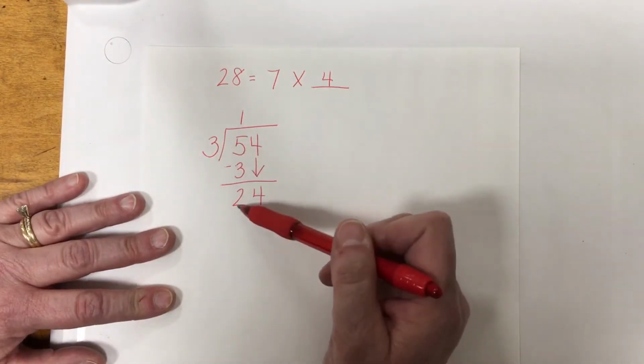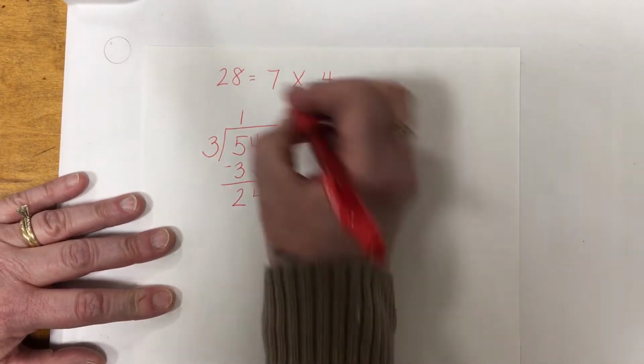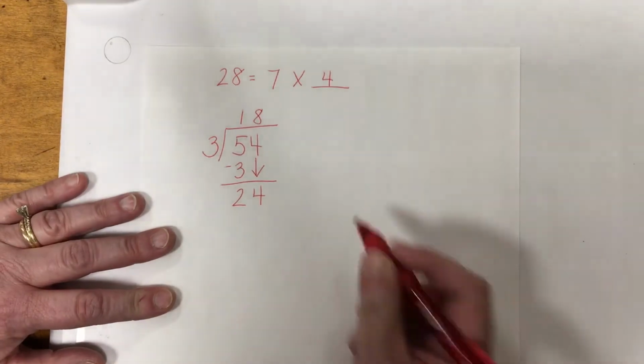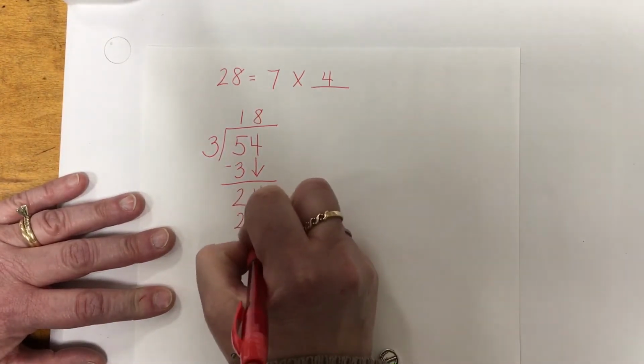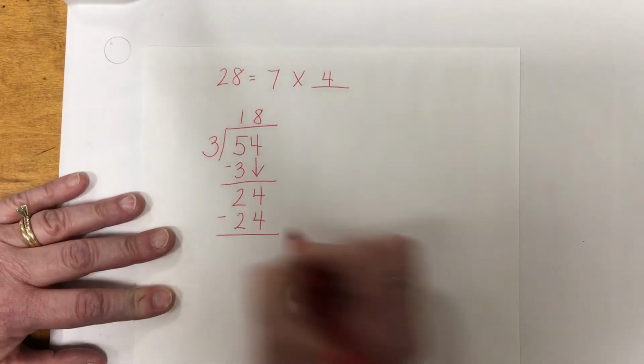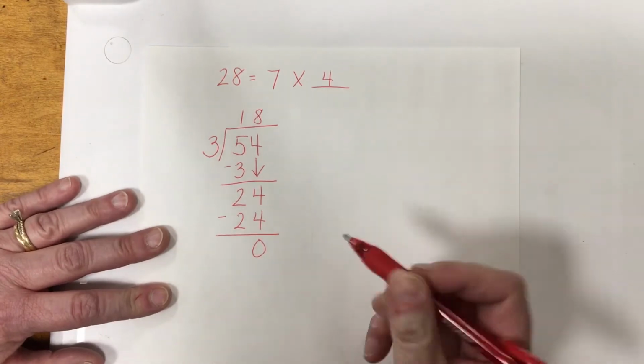Can 3 go into 24? Yes. How many times? 8. 8 times 3 is 24. 24 minus 24 is 0.